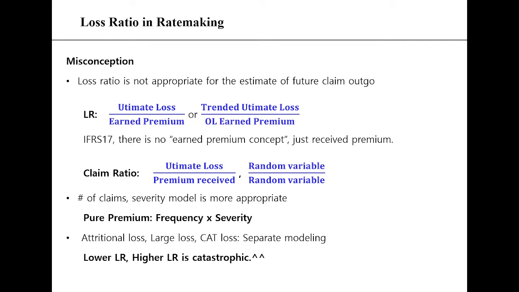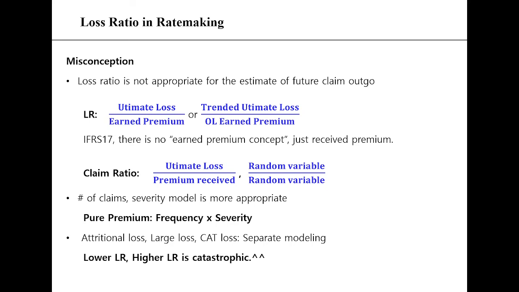So in my own experience, for the internal modeling work in Solvency 2, normally a frequency and severity model is preferred. I would say the number of claims and the loss distribution side, pure premium or loss cost, something like that. And this is more appropriate.